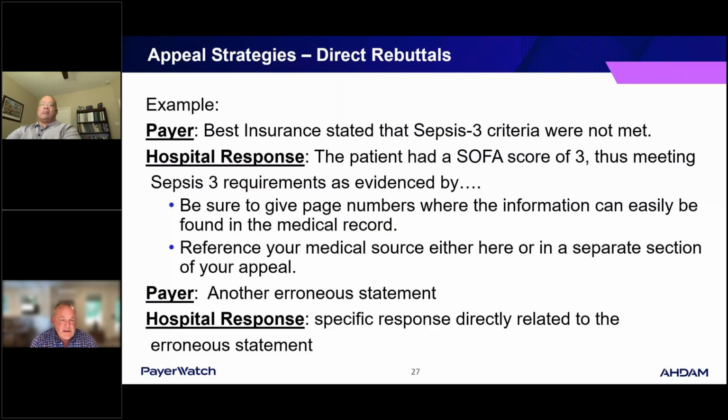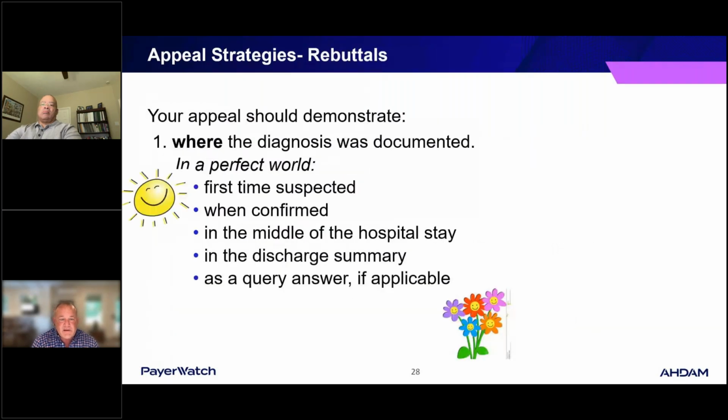You really need to painstakingly show the auditor where you got this information. It's not enough to make broad statements that the medical record showed that the patient was confused, that they got better after 2 or 3 days and they returned to baseline. You need to go through and cite chapter and verse where you're finding this.